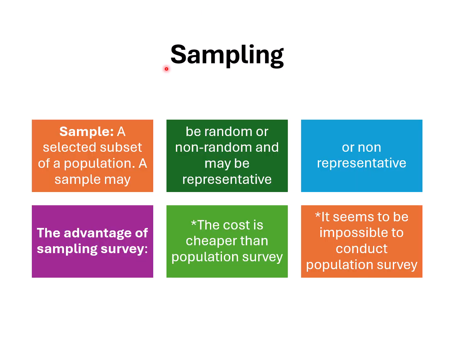A sample is a subset of the whole, a subset of a population, which may be random or non-random, may be representative or non-representative. And the advantage is it is cheaper to work on a sample rather than working on a population.